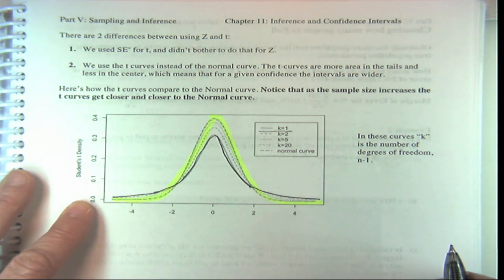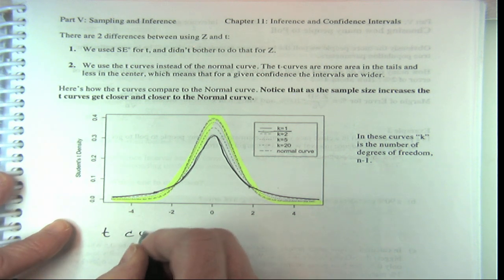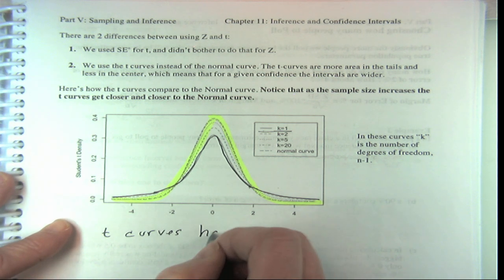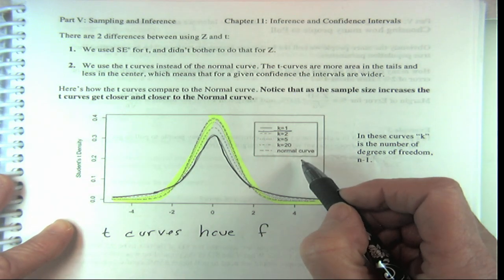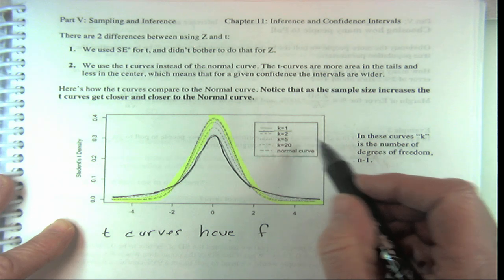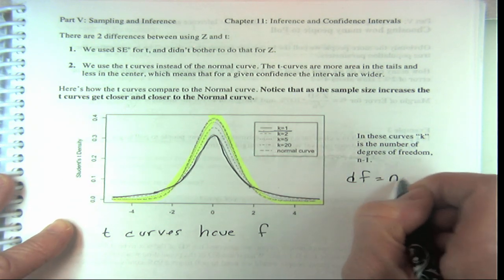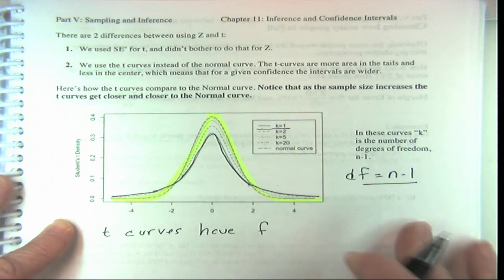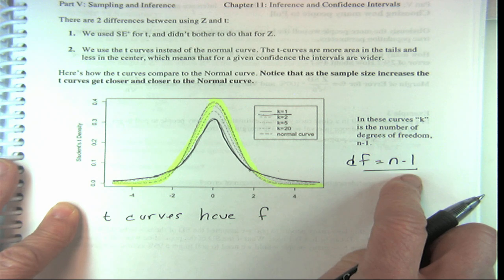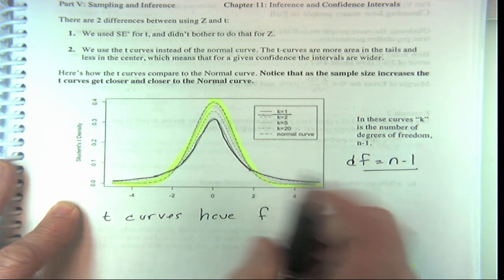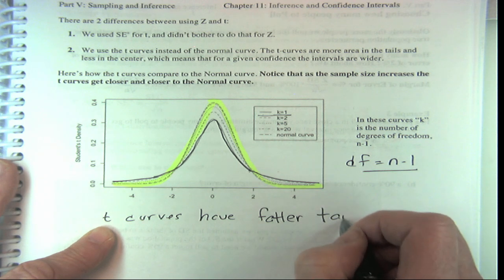So basically t curves have fatter tails as your sample size shrinks. These are the degrees of freedom. The degrees of freedom is n minus 1; they refer to just your sample size minus 1, okay? So the t curves have fatter tails.